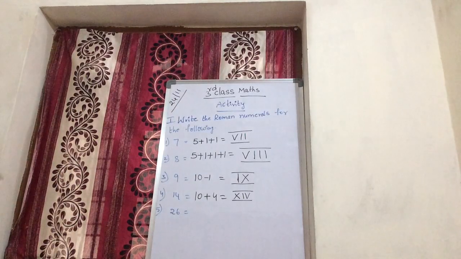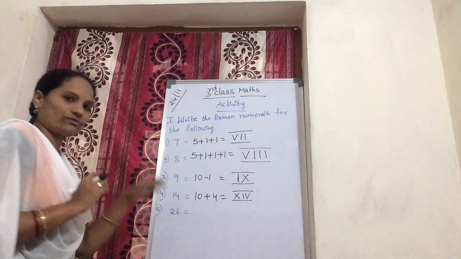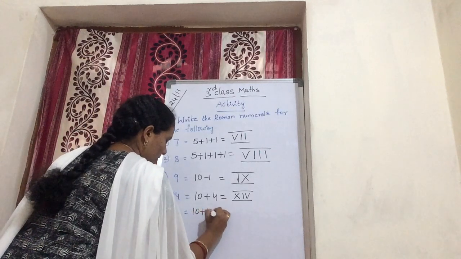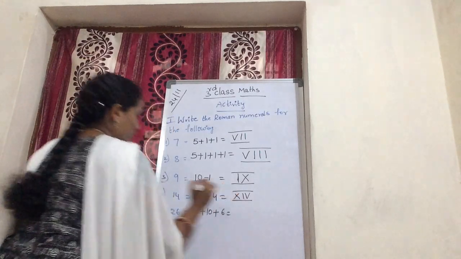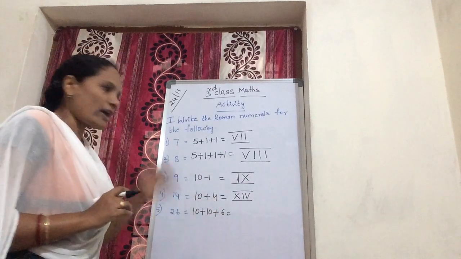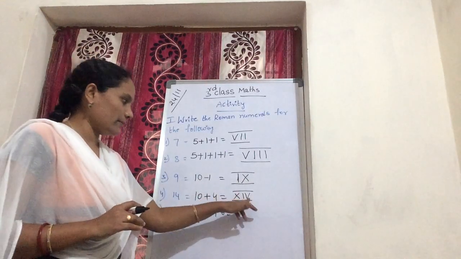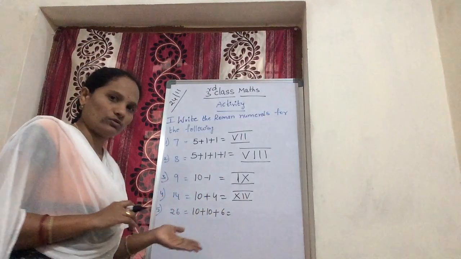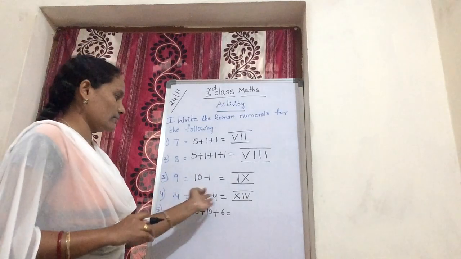Okay. Now next one, number 26. 26 means 10 plus 10 plus 6. Now this 4 you can also write as 5 minus 1, but you know it directly as IV. So that's right, 10 plus 4.